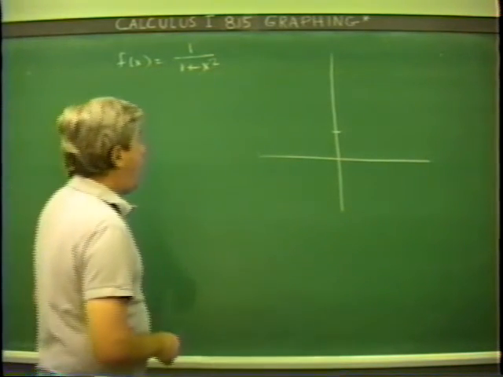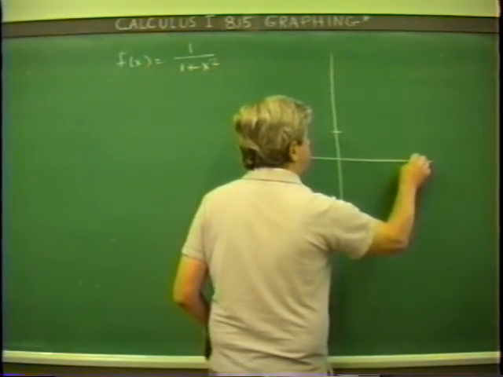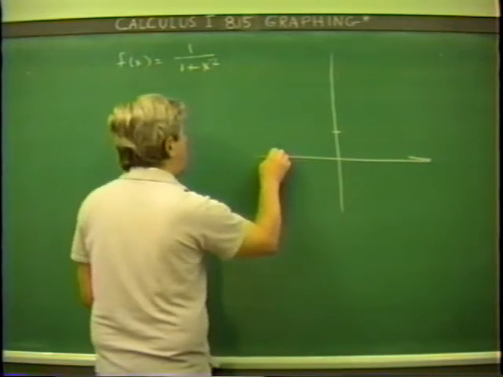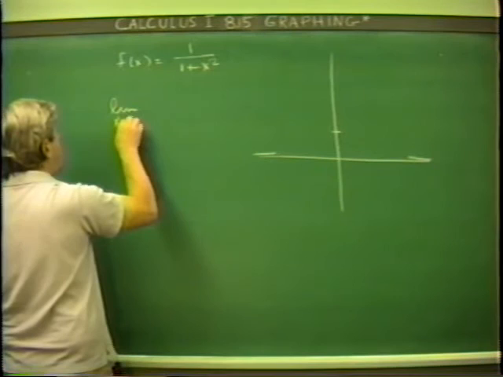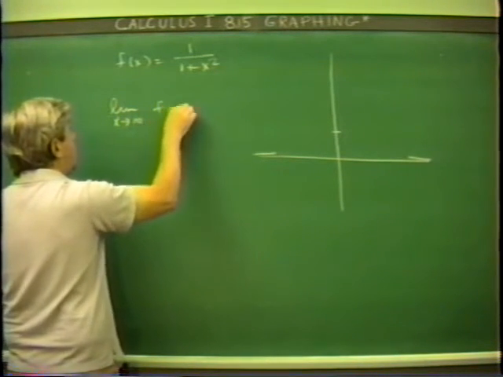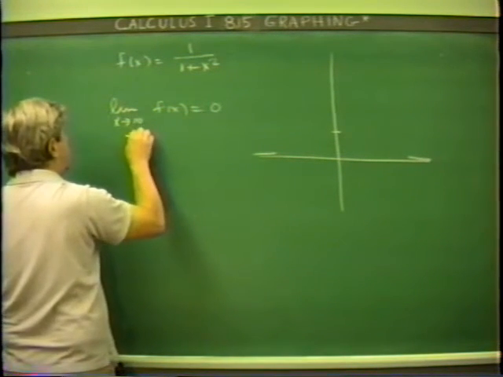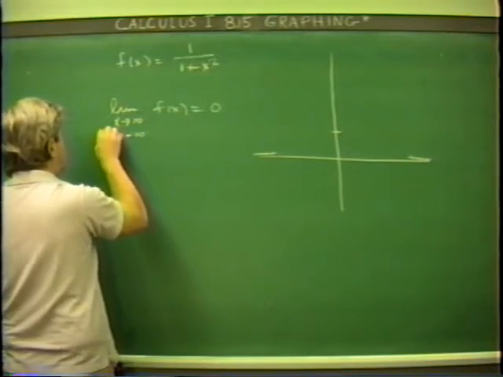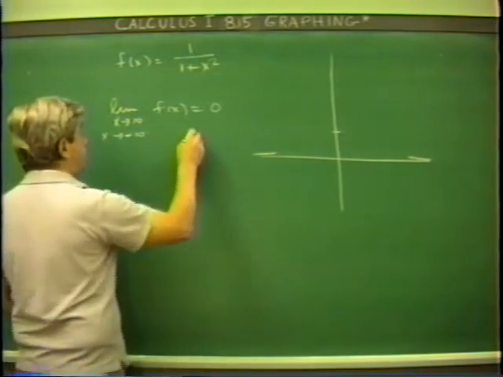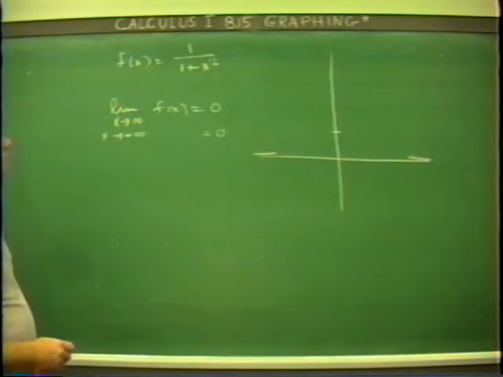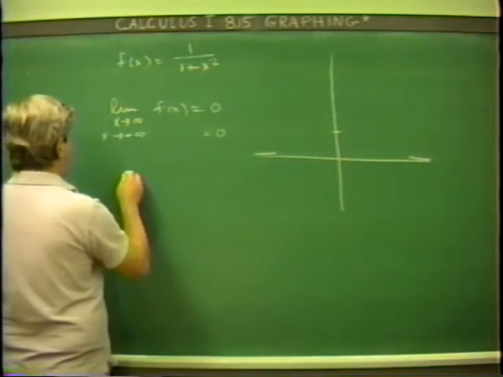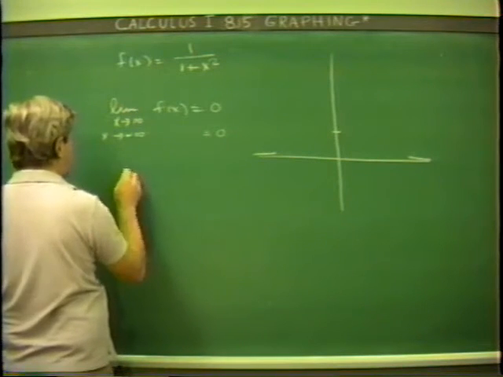And when x is equal to 0, it's equal to 1. It's also symmetric about the y-axis. And the limit as x approaches infinity is going to be 0. Also minus infinity here, it's going to be 0.